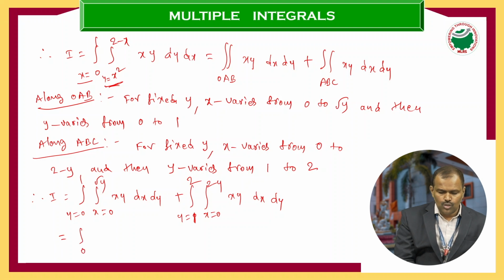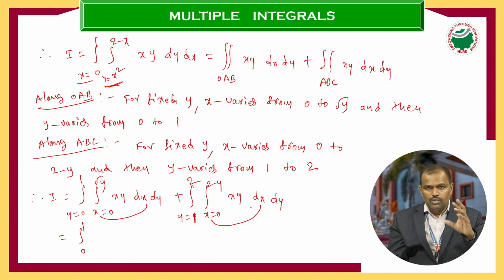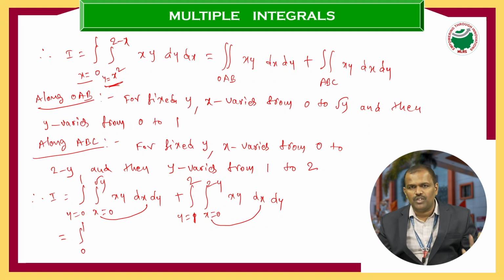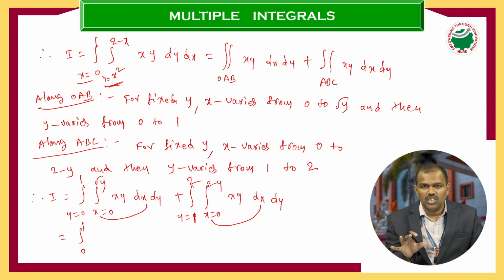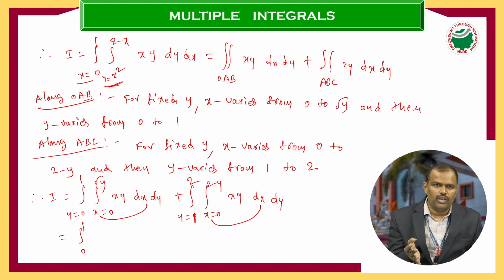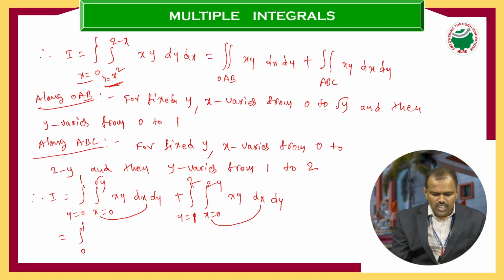So integral 0 to 1, first with respect to x. In both integrals, first we have to integrate with respect to x, keeping y terms fixed. We know the rules for integration. In my previous video, I clearly explained how to integrate when x is in terms of y and y is constant, or y in terms of x and x constant.